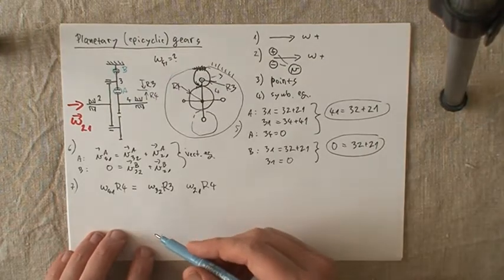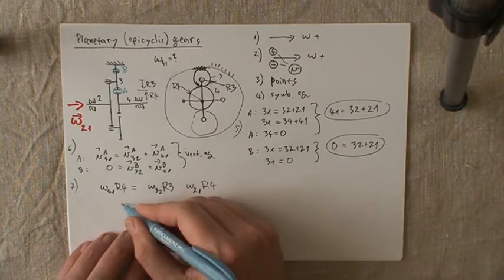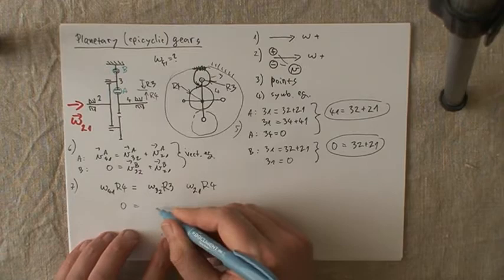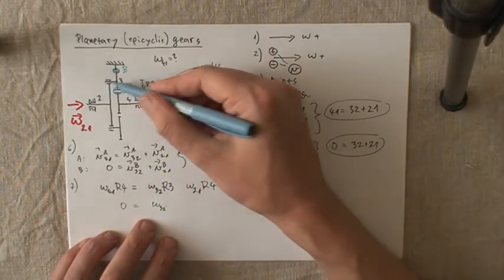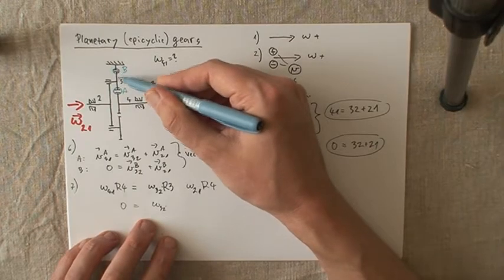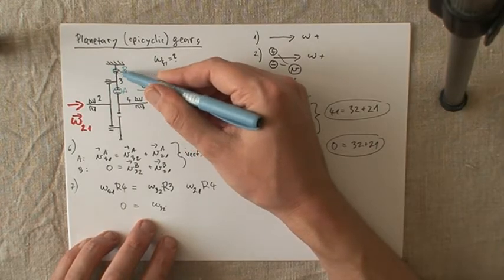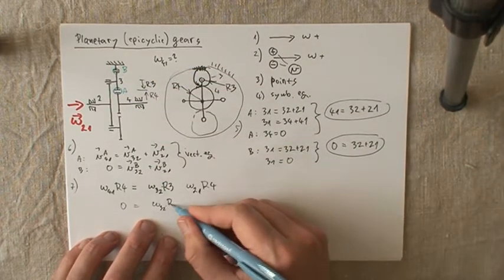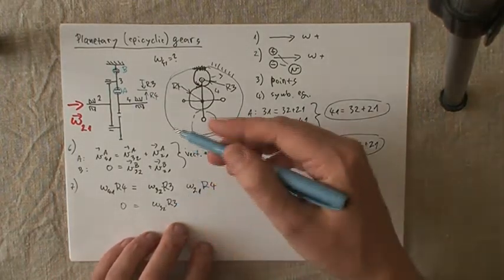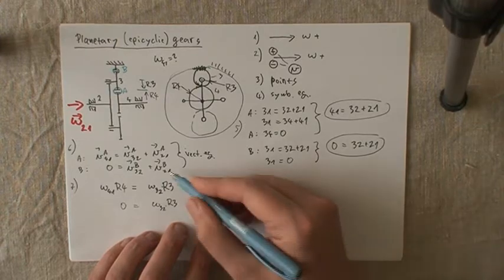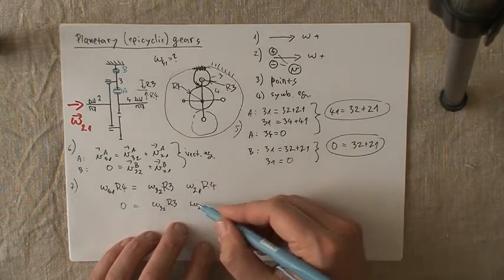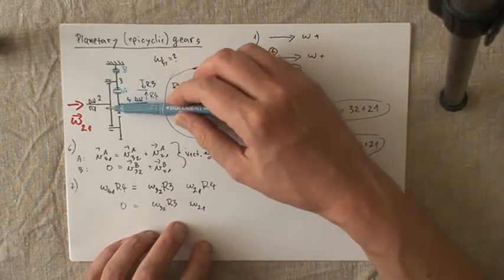Let's do the same with the second equation. So we will have 0, and we will have omega 3,2. Omega 3,2 is here, point B is here, so this distance is R3. Then VB 2,1, omega 2,1, and the distance.